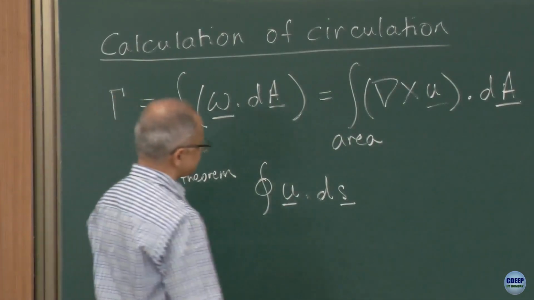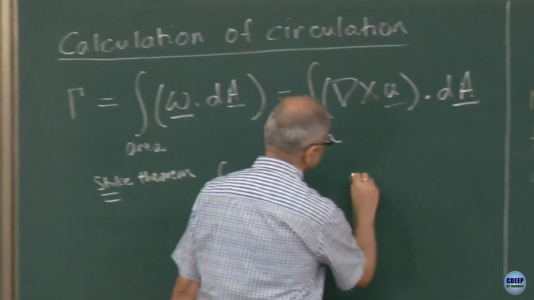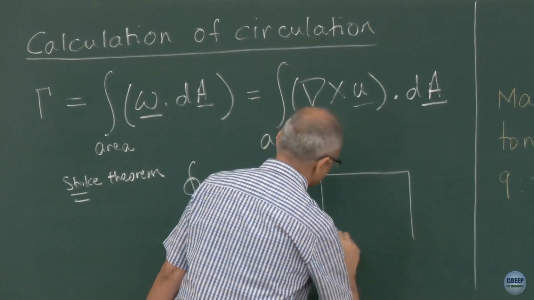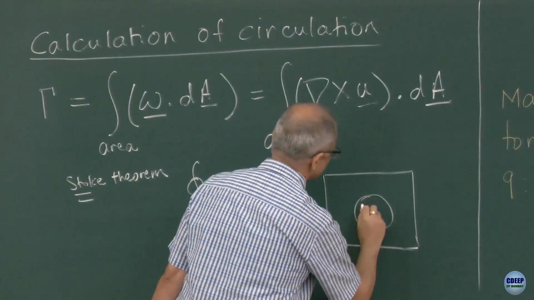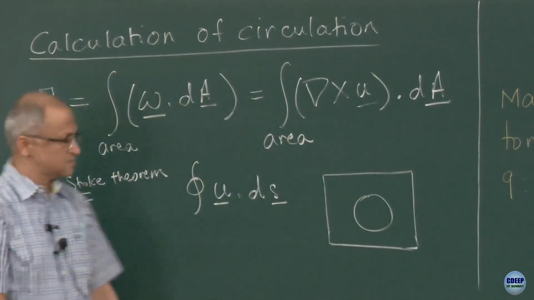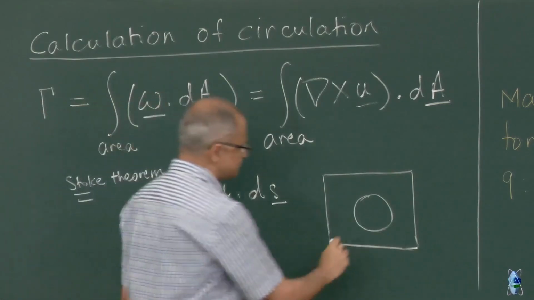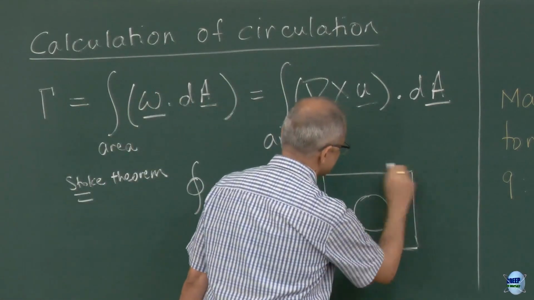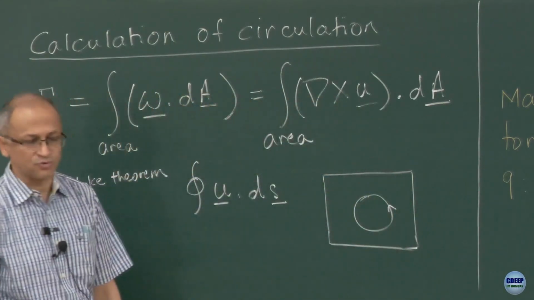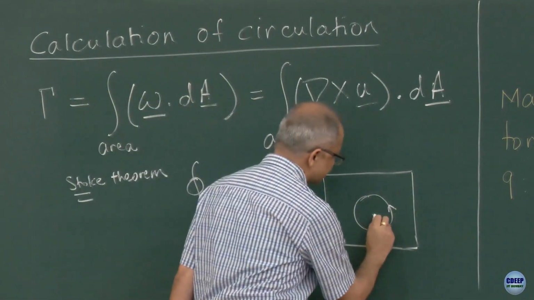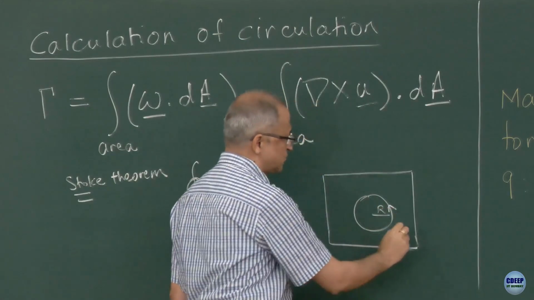So let us say we take a region. We have talked about a vortex tube. So we can think that there is a region in which I am enclosing a vortex tube. So this is an area. This is my vortex core of some size r. All these things are not really important.